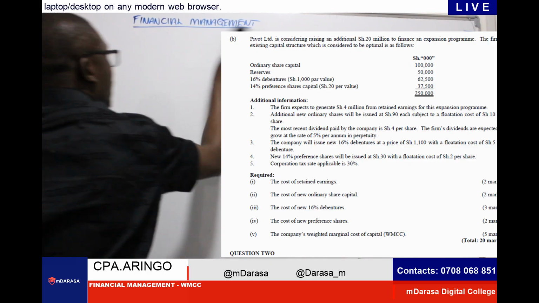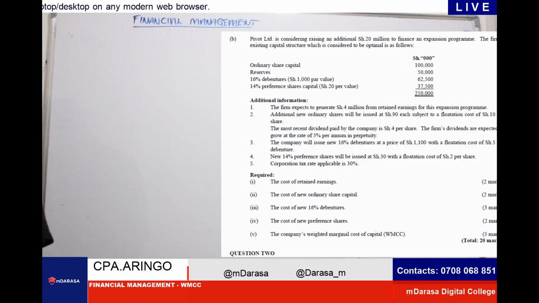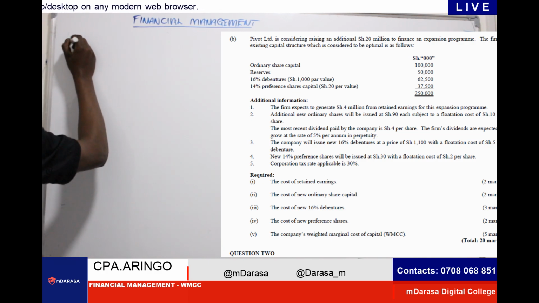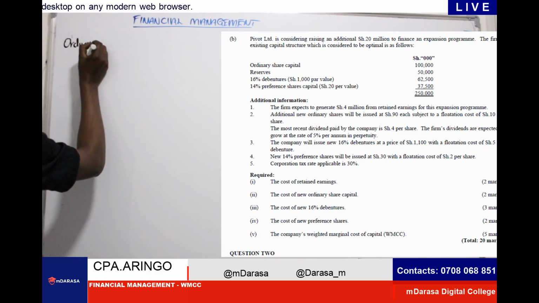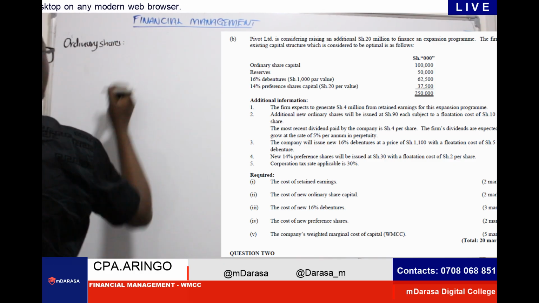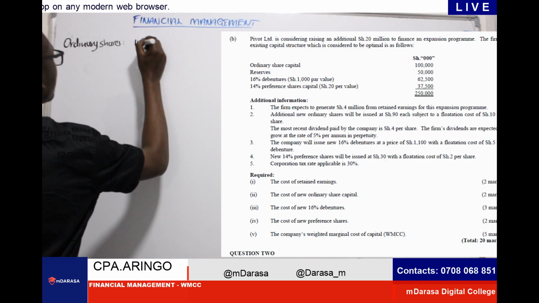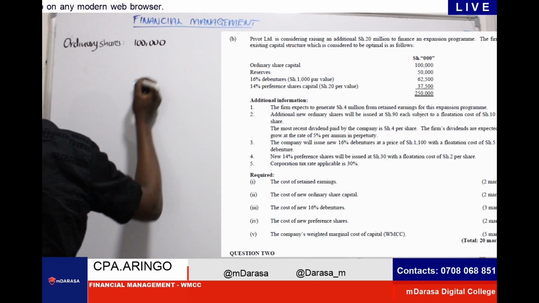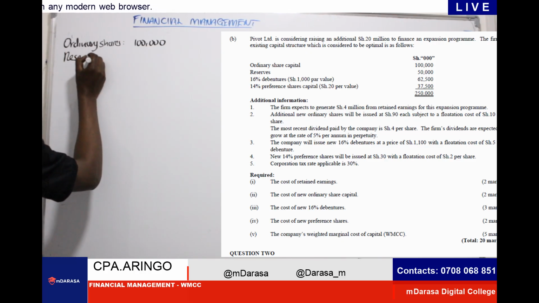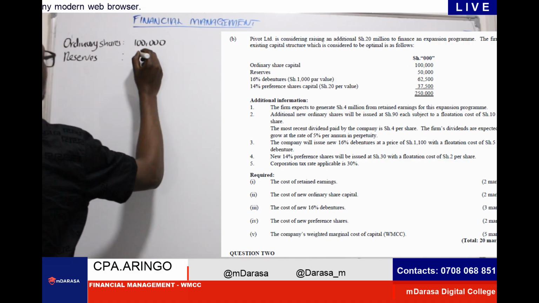According to our optimal structure, we have ordinary shares, with a value of 100. We have our reserves, which are retained earnings, with a value of 50 million.